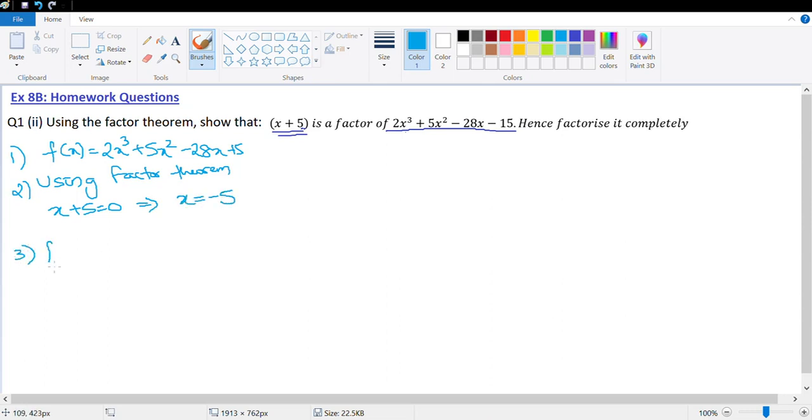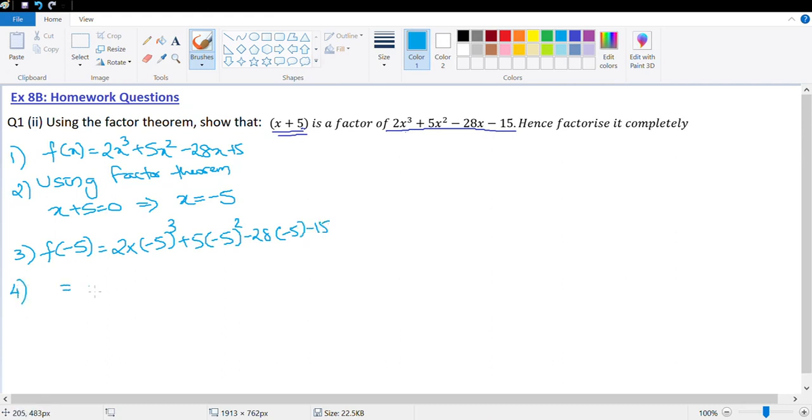So, the value of the expression when x is equal to negative 5 will be 2 multiplied with negative 5 cube plus 5 multiplied with negative 5 square minus 28 multiplied with negative 5 minus 15.